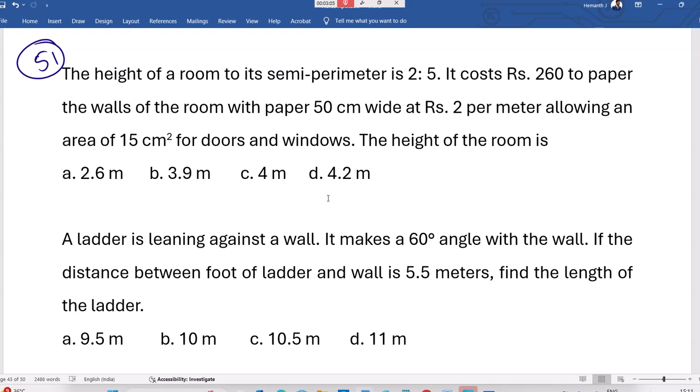Instead of paper, let's assume painting. So you do not put painting for the doors and windows. So in the area of wall, you should remove the doors and windows area. For the remaining one, the charge is 260, provided they are charging 2 per meter. Now work on it. What's the answer then? Height of the room is what?